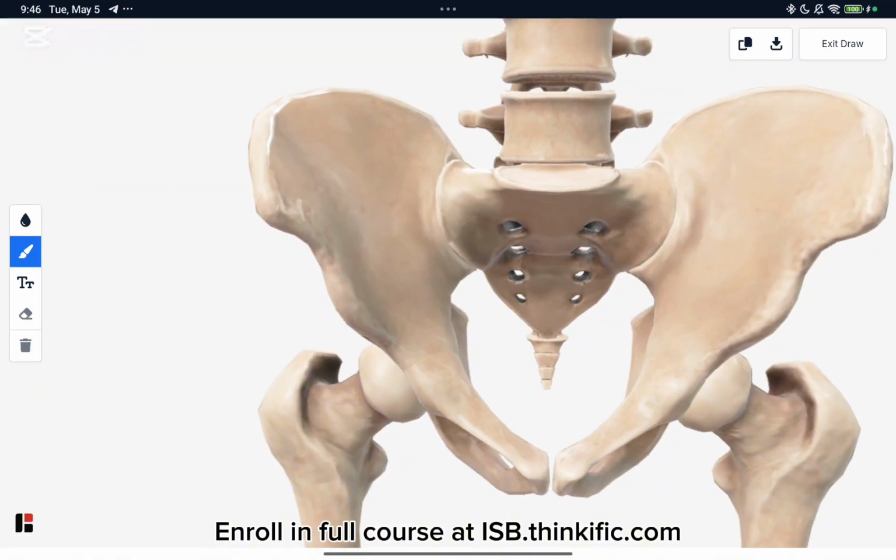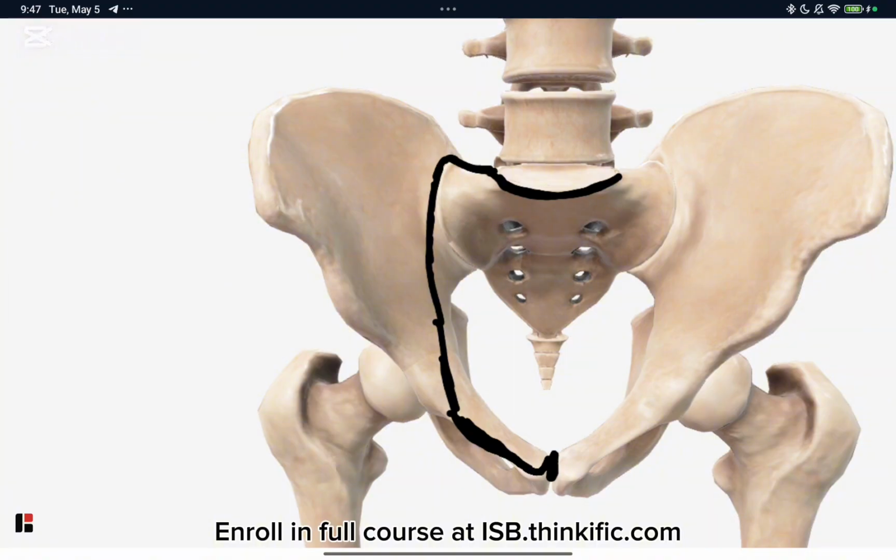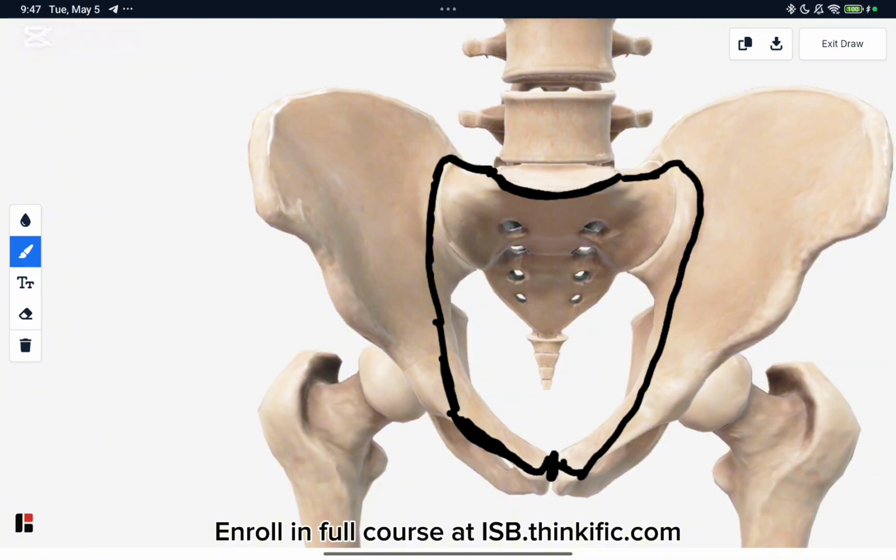As we said, it begins anteriorly at the pubic symphysis, over here, and then it moves along the pubic crests, then the pecten pubis, which is the sharp edge over here. This is called the pecten pubis.